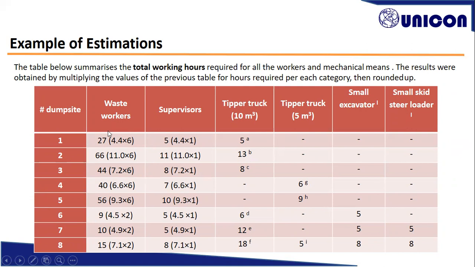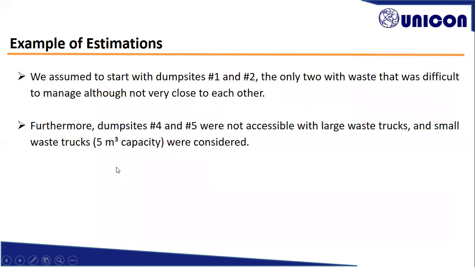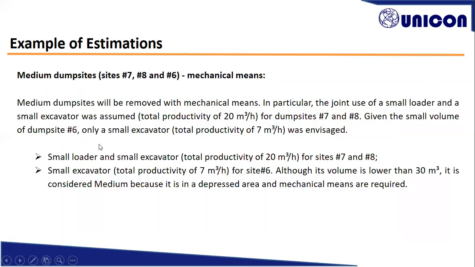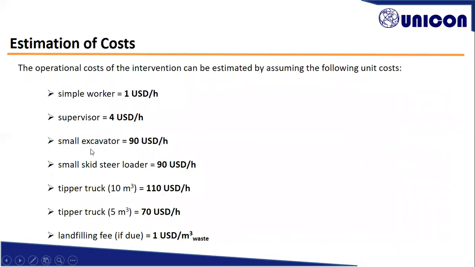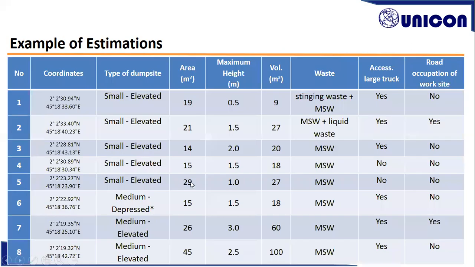You have to multiply the total working hours by the cost. For example, as discussed before, the operational cost for a simple worker, I mean a waste worker, is $1 US per hour. In the case of a supervisor, it will be $4 US per hour, and so on.